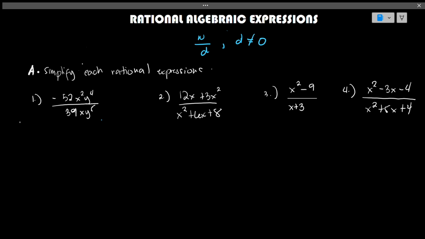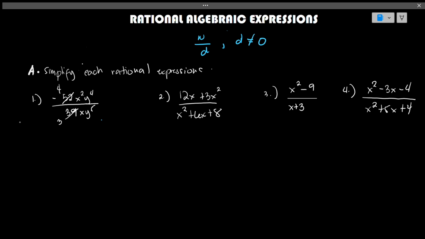Okay. Now first let's go ahead and try to get the GCF of 52 and 39. So the GCF of 52 and 39, both of them are multiples of 13. So if we divide this by 13, 52 divided by 13 is 4, and 39 divided by 13 is 3.